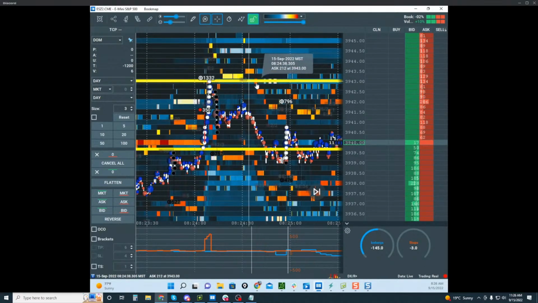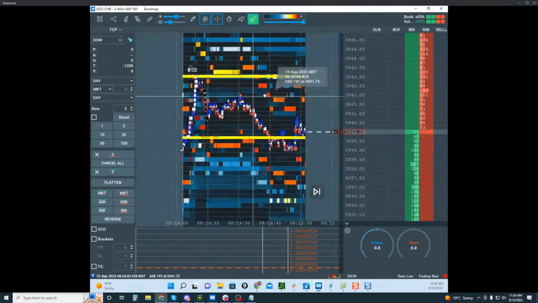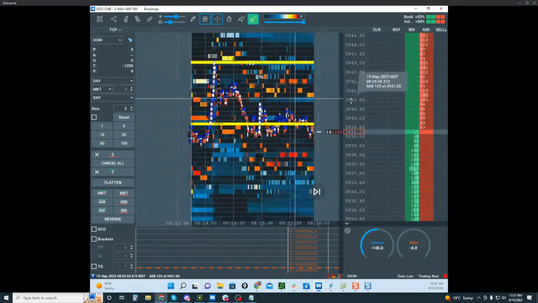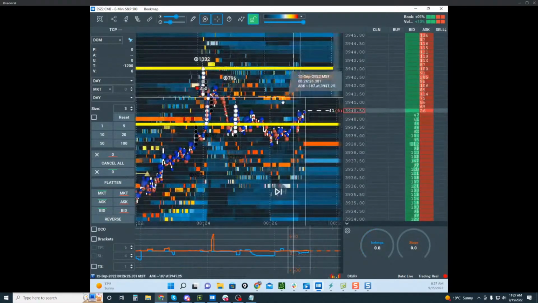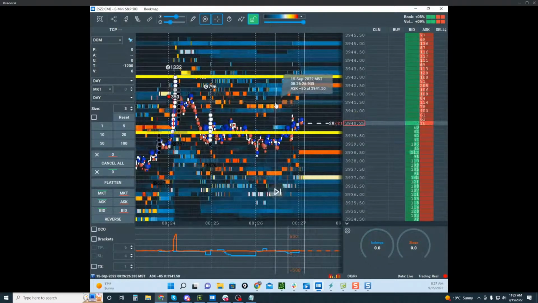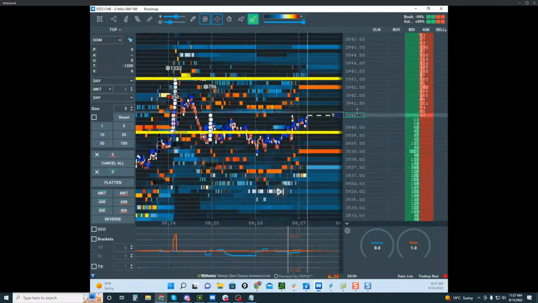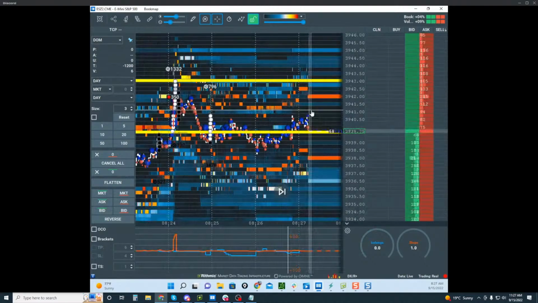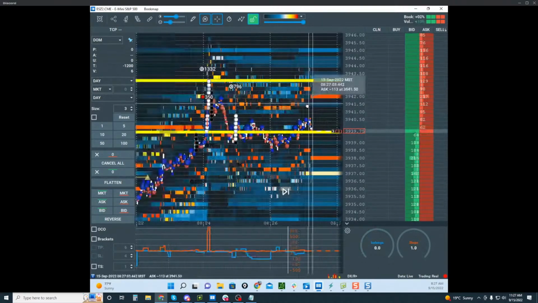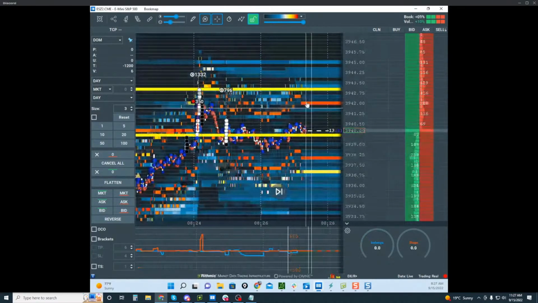The one thing I don't allow in my room is guys just throwing on trades, or after the fact saying, I made 30 points on that, or shorting ES here. That's fine if you want to say what you're doing, but say why you're doing it. That is how my room differs from other rooms. I don't allow guys making random calls without explaining why they're doing it. And if I think the reasoning is faulty, then I give them a verbal lashing, and I'm like, that's incorrect.